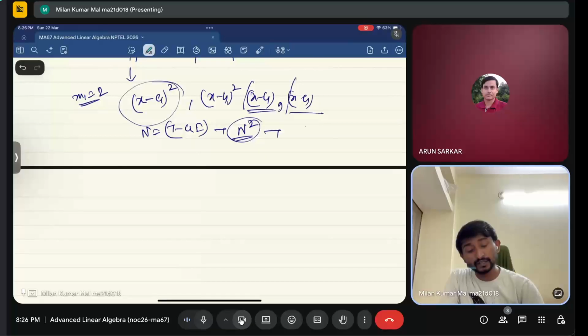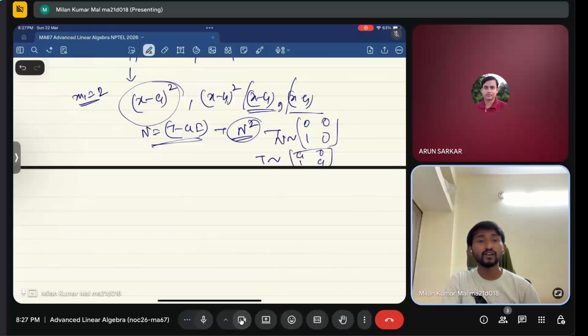For this the component matrix is 0, 1, 0, 0. Now N is equal to T minus C I, so the expression of T is C1, 0, 1, C1. So this is the first block. All other blocks will be of order 2 or order 1. That's how the Jordan canonical form comes.